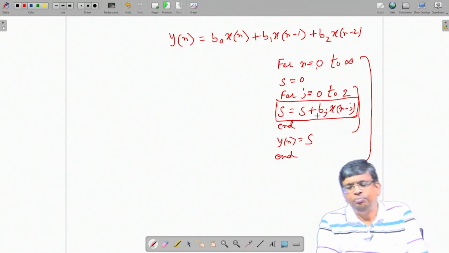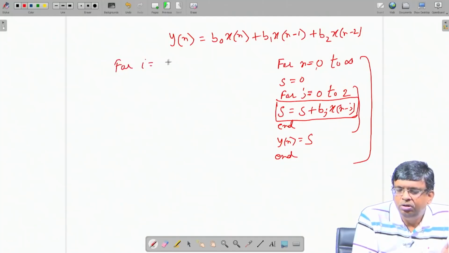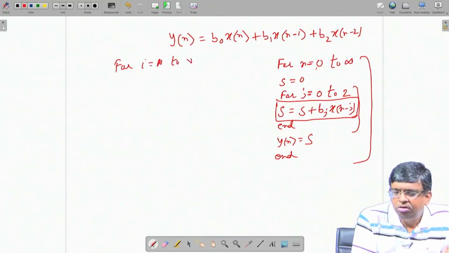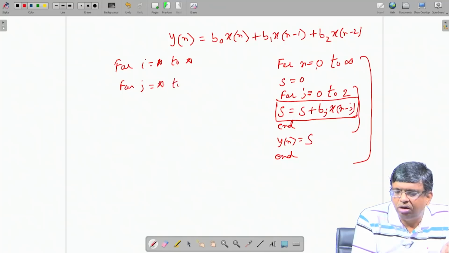So, that means typically we may have something like this. Suppose I take an example, for i equal to some start to star, then again for j equal to another start to star. Star means some value to some value, I am not bothered about that.